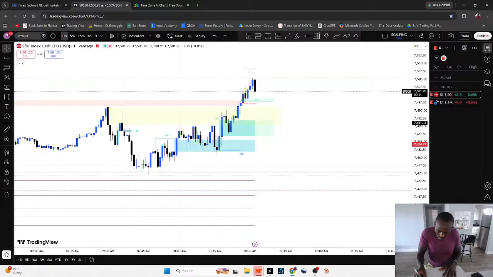Wow, this hourly is ugly. Right? Rejected this 3 times. The fourth one was taking out this liquidity. And then retracement, went back up and got it, and did not trust shorts here.